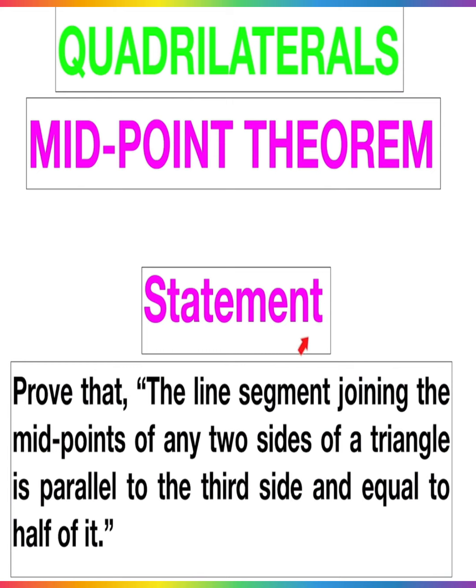Statement of the theorem is: prove that the line segment joining the midpoints of any two sides of a triangle is parallel to the third side and equal to half of it.